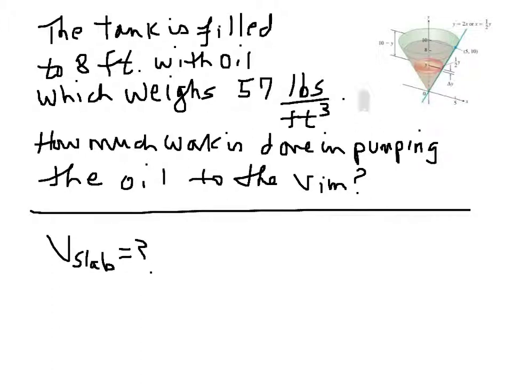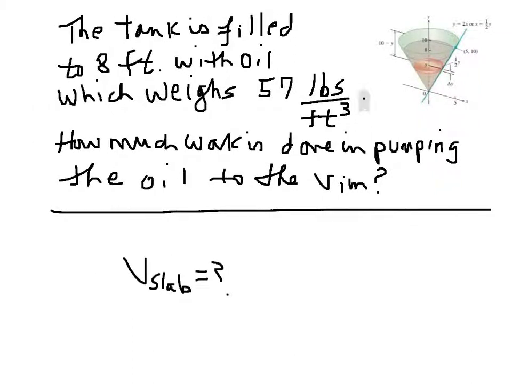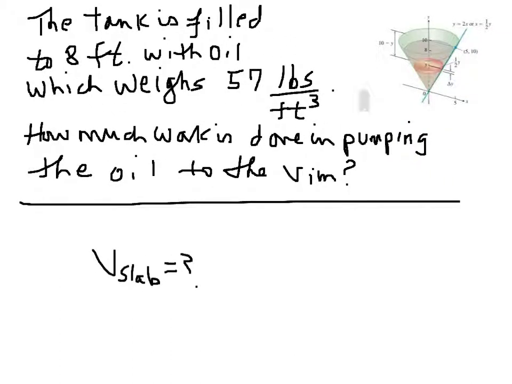So notice that the slab is like a cylinder, and so the volume is going to be pi r squared h. And r is x, and h is delta y.